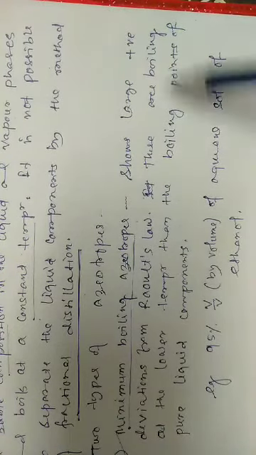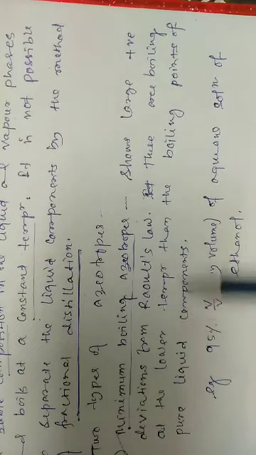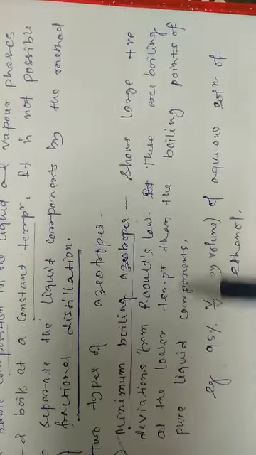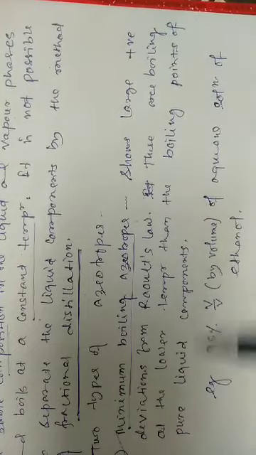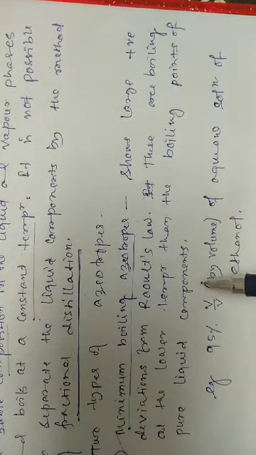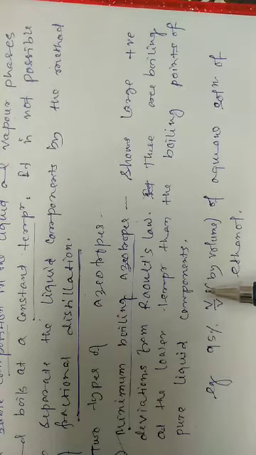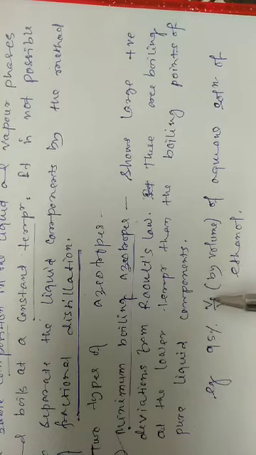And a minimum boiling azeotrope is boiling at the lower temperature than the boiling point of pure liquid components. मिनिमम बॉइलिंग एजियोट्रोप ऐसा एजियोट्रोपिक मिक्सर है जिसका बॉइलिंग पॉइंट प्योर लिक्विड कंपोनेंट का बॉइलिंग पॉइंट से क्या होता है, कमती होता है.